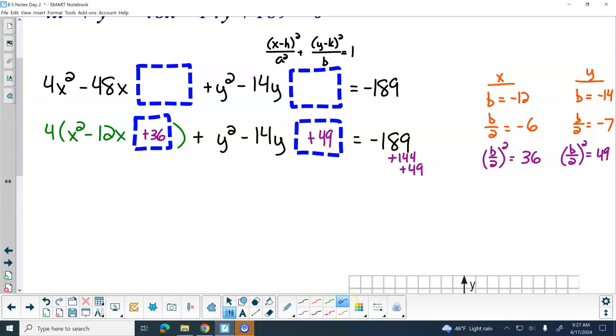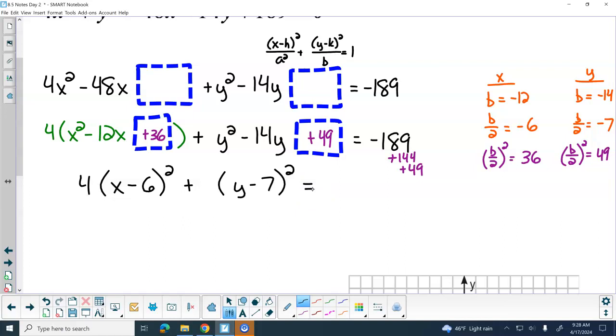My green set here factors to be 4 times the quantity of what? x minus 6 squared plus my y factors to be y minus 7 quantity squared, and that equals how much?